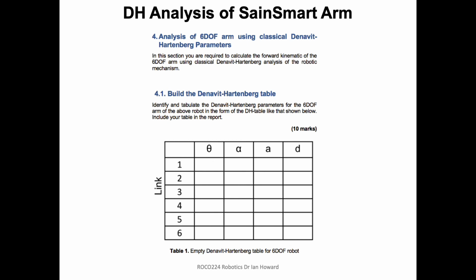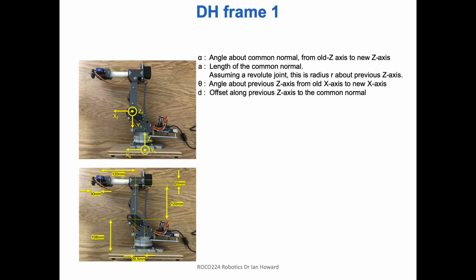Another nice thing about doing the analysis by hand first, from first principles, is that when you evaluate the corresponding homogeneous transformations, they should all be the same as you got previously. And if something isn't the same, somewhere you've probably made a mistake.